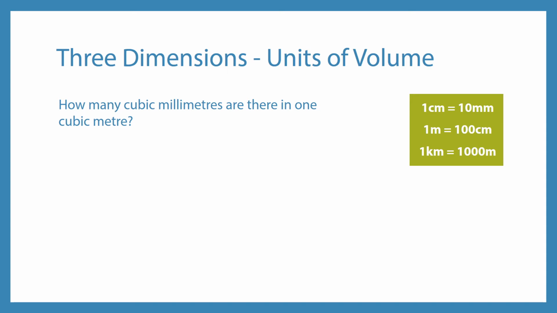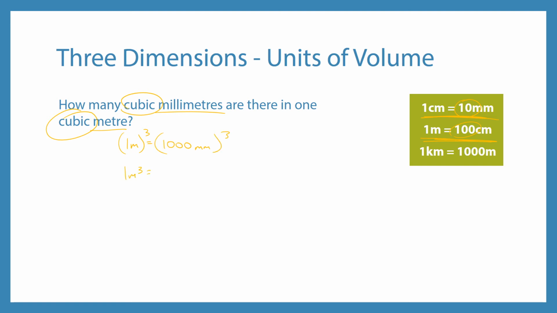Okay, we've been asked to find how many cubic millimeters are in a cubic meter. So we have our meter to millimeter. We need to work out first how many millimeters are in a meter. And we go 100 times 10, we're going to get 1,000. Now this time, instead of squaring, we're finding cubic measurements, so we're going to cube these numbers.